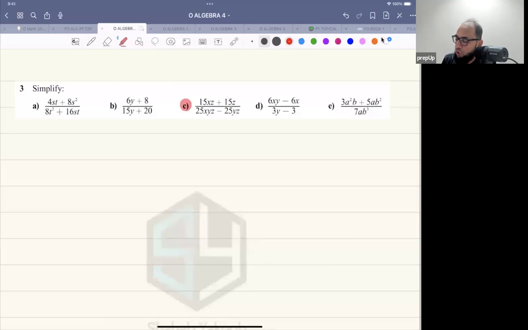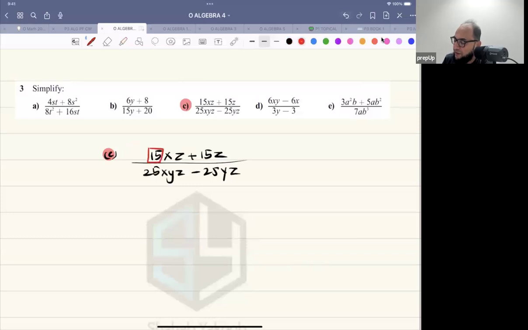So now let me solve this. Part C. 15xz plus 15z, and this is 25xyz minus 25yz. If we focus on the numerator, I can take 15 common out, I can take z common out.